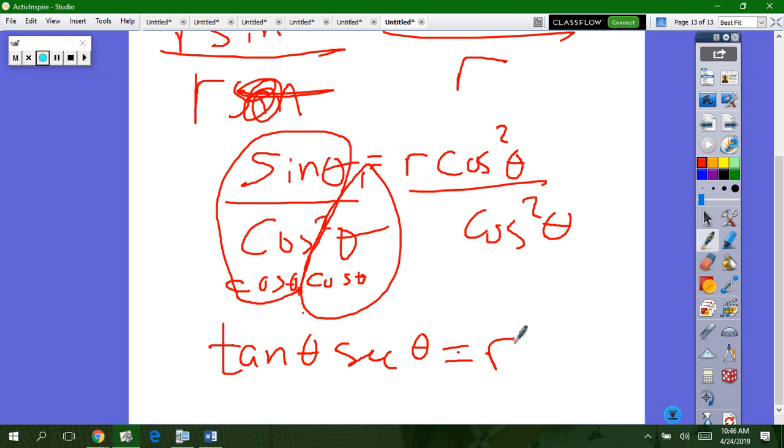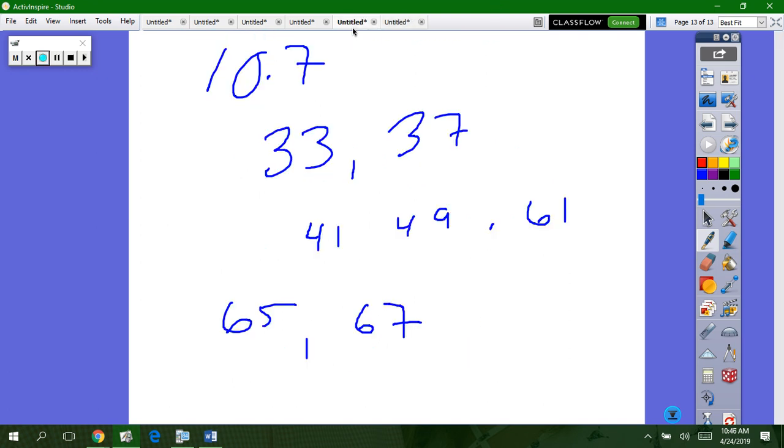Any questions? So for those that weren't in here, your homework on 10-7 that you're going to extend onto the one that we did last time is 33, 37, 41, 49, 61, 65, 67. Ben, you hand these out.